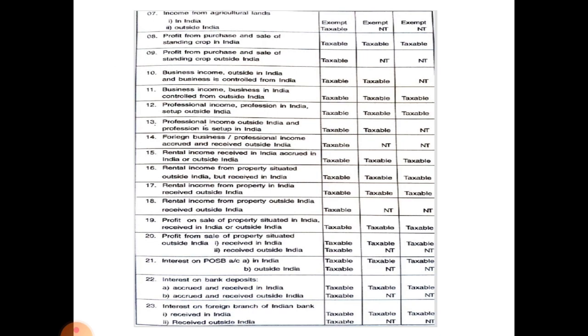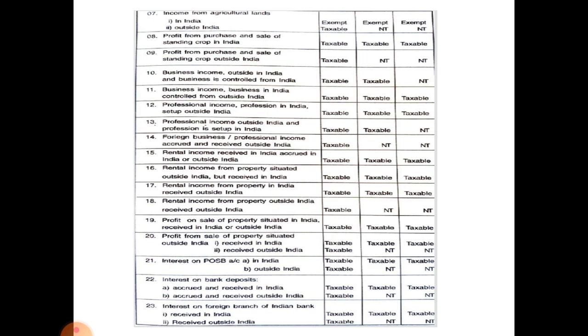That is the 7th item, income from agricultural land. If agricultural land is situated in India, that type of income is exempted from tax. See the 7th particular relating to that. Income from agricultural land situated in India is exempt from tax under all three categories.